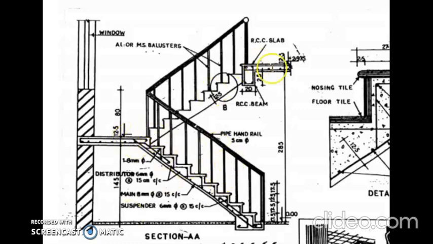Then the second flight. The total height of this staircase room, or the floor to floor height, is 285 from the top of this floor to the bottom of this roof, plus 12.5, which is the slab thickness. And we can see the rise ends up to the slab thickness.